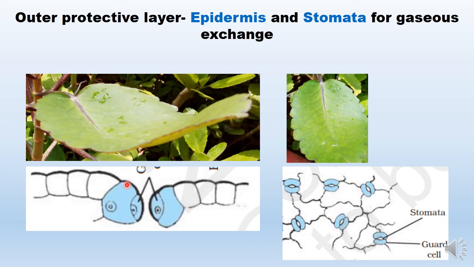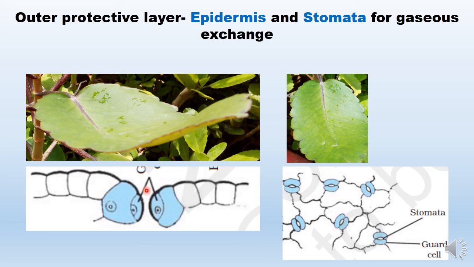So how are we going to do that? Because for plant survival, gaseous exchange and transpiration is essential. So we cannot leave all the epidermal cells exposed, but once cuticle is deposited, then how are we going to let the gases in or out?